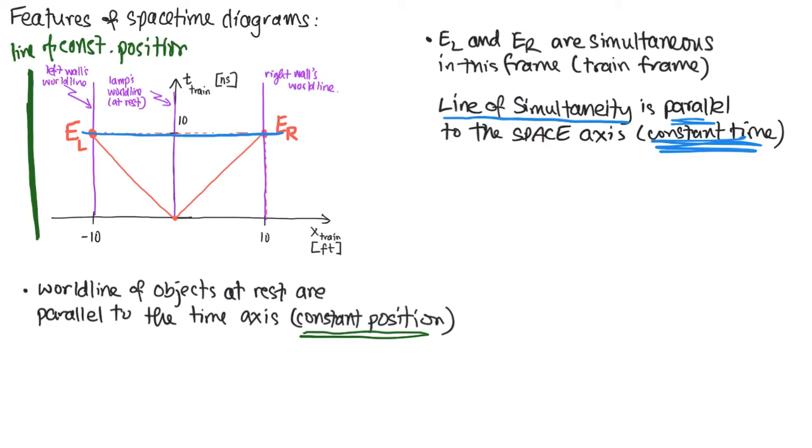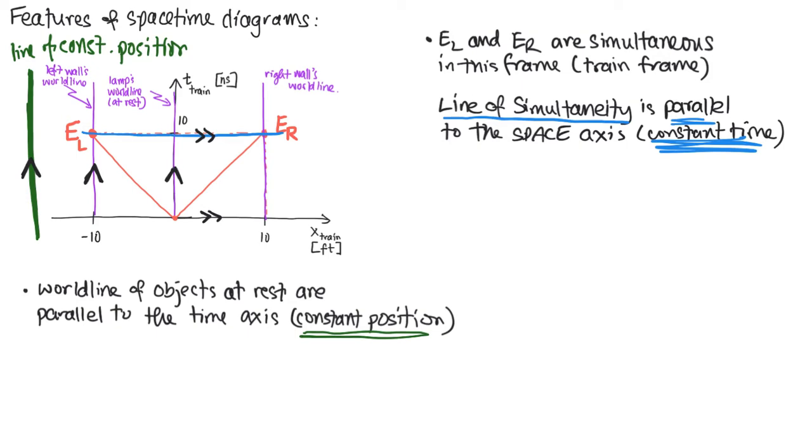Remember how I indicated parallel using my little arrow symbols? So my line of simultaneity, the blue line, is parallel to the space axis. And my line of constant position is parallel to the time axis.